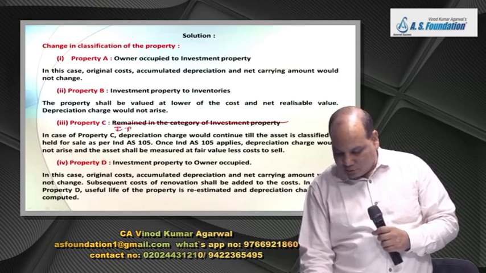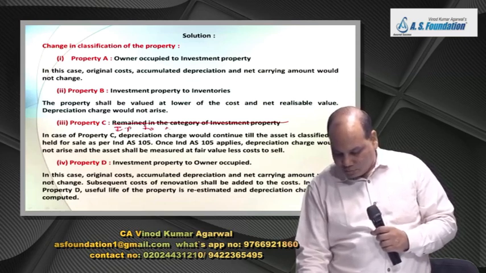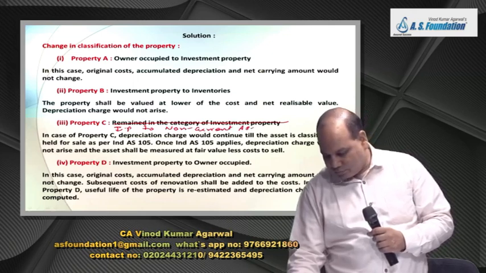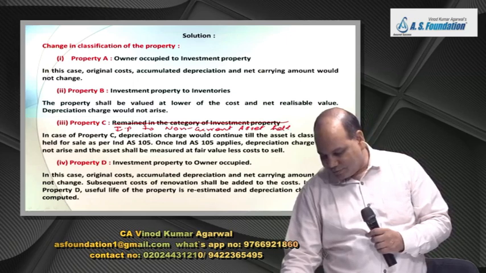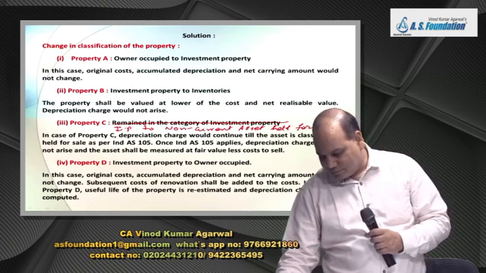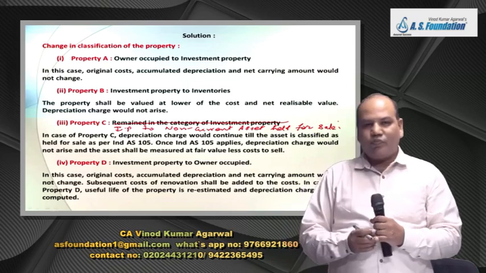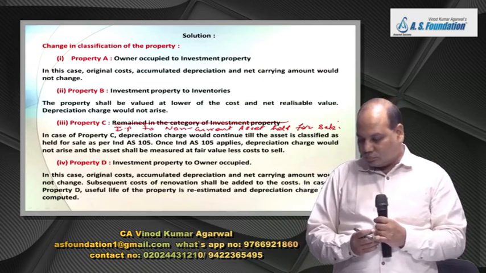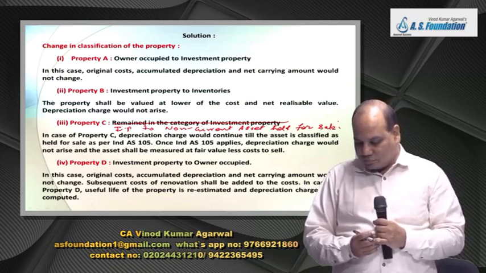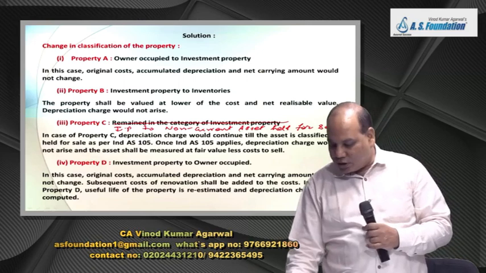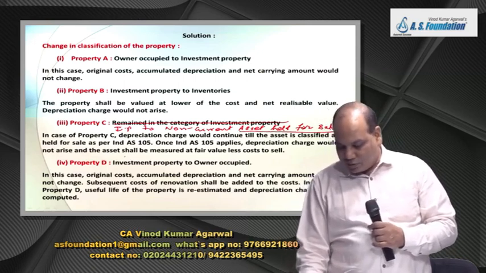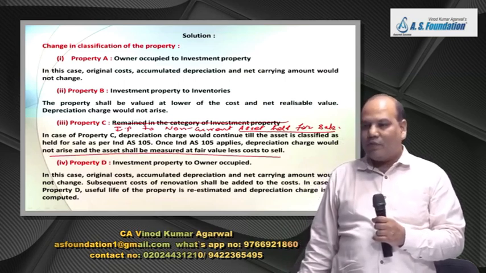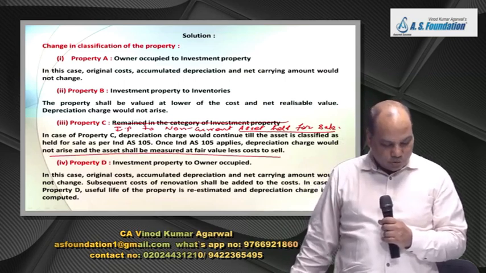It will be investment property to non-current asset held for sale. And if it is non-current asset held for sale, then it will be valued at carrying amount or fair value less cost to sell, whichever is lower.